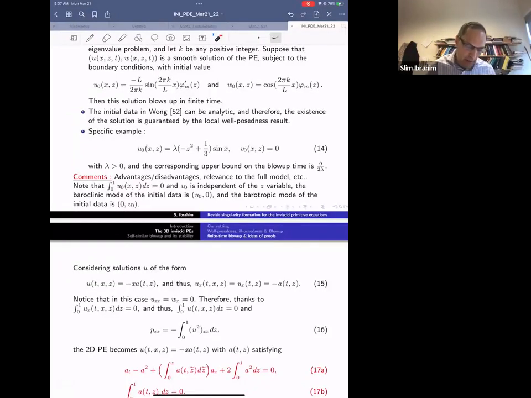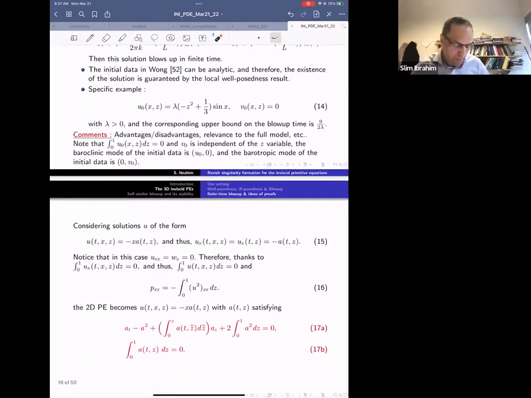Also this is not surprising because in my result with Lin and Titi, when we studied the effect of the rotation, we observed very clearly that the blow up of this component is prolonged when you increase the rate of the rotation. Good.